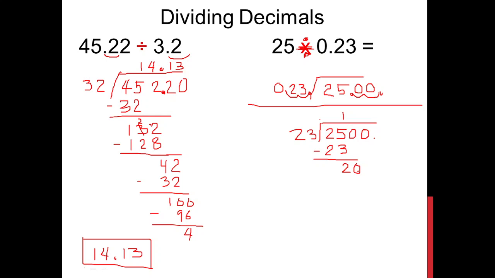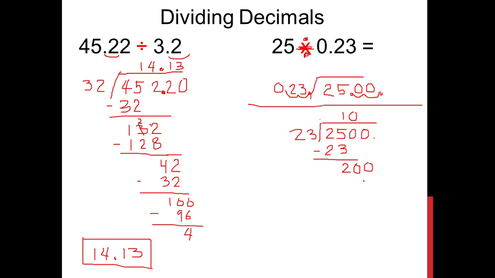20 divided by 23 cannot be, right? So we need to add 0 here. Then let's bring down the next 0. So we have now 200 divided by 23. So how many 23s are there in 200? So in 100, there are 4 23s.